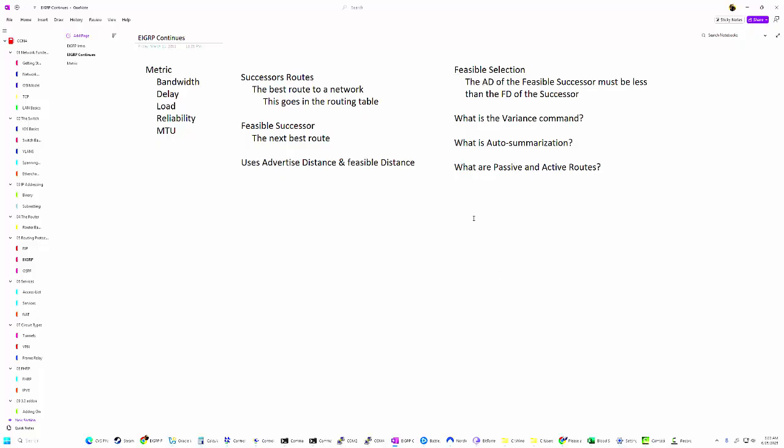Now, the variance command. The variance command is as simple as this.